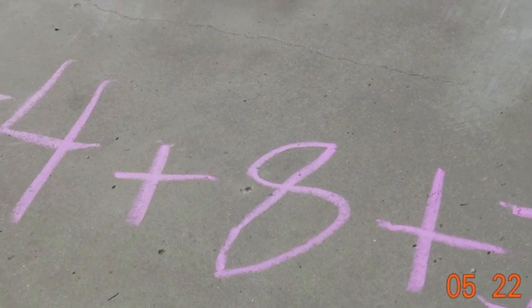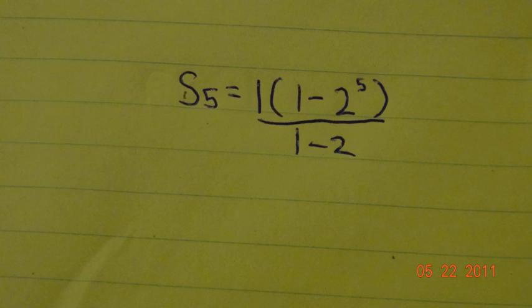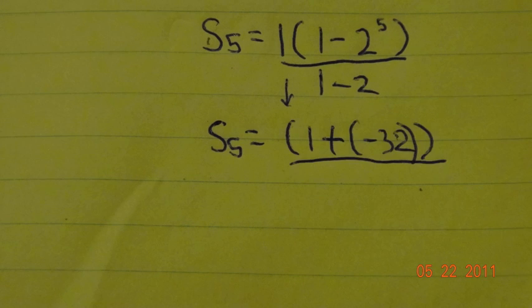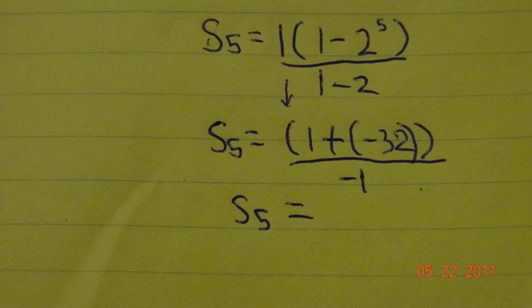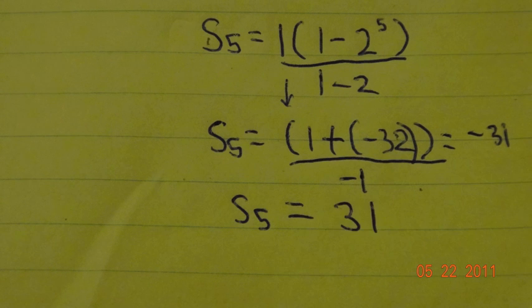Not in a geometric series. So in this series, I've decided to add up the first 5 terms. I've already substituted into the formula, so this is what I got. And continuing on, we get S5 equals 1 plus 32 over negative 1. So the terms in that geometric sequence from 1 to 5 added up to 31.